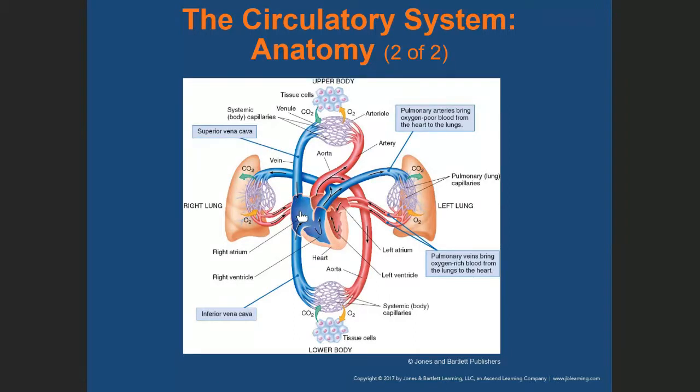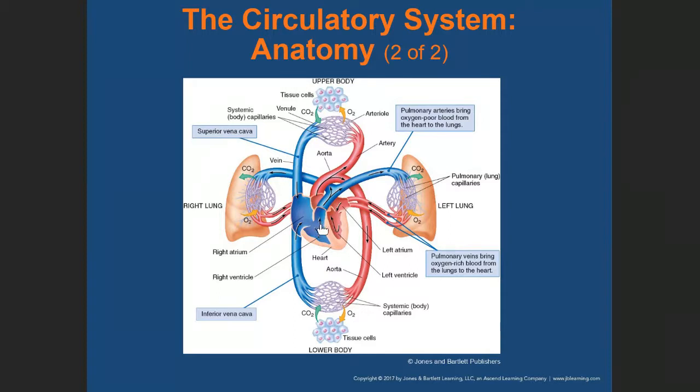The right atrium then contracts and pushes that deoxygenated blood through the tricuspid valve into the right ventricle, right?